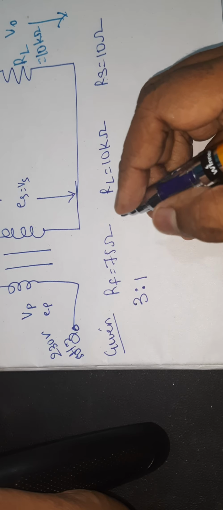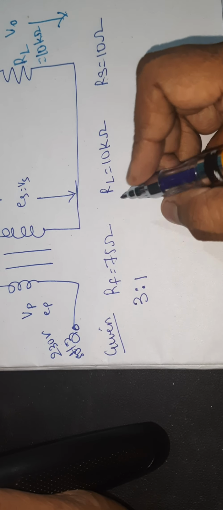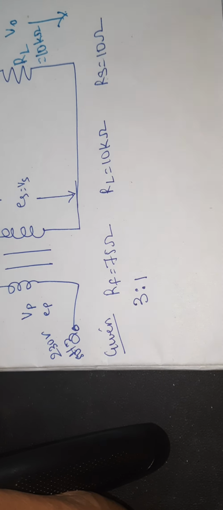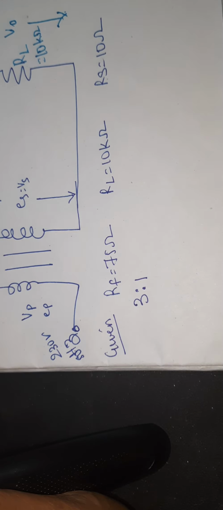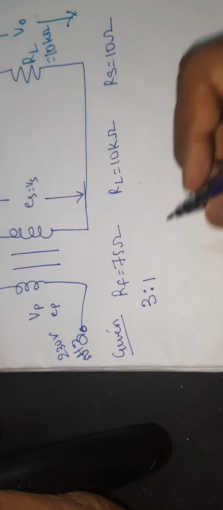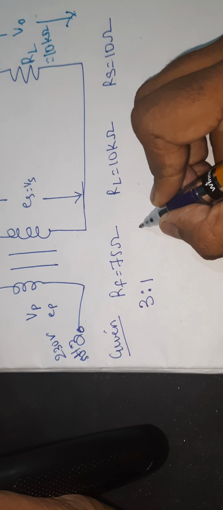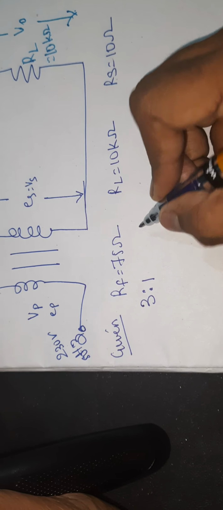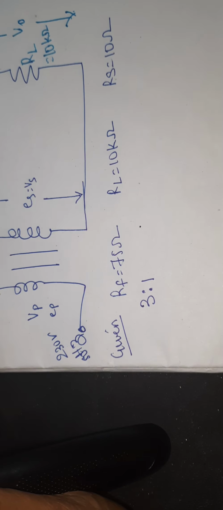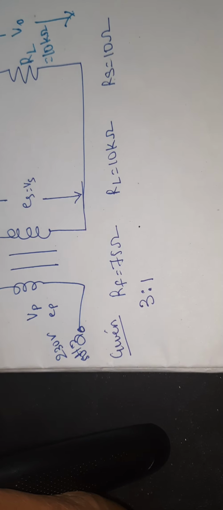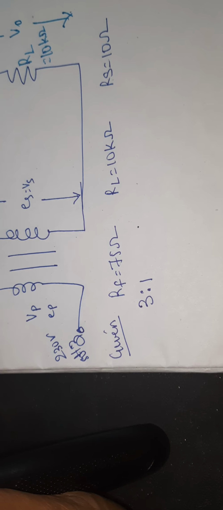Next what is given? The diode forward resistance is 75 while the transformer resistance RS is given as 10 ohms.